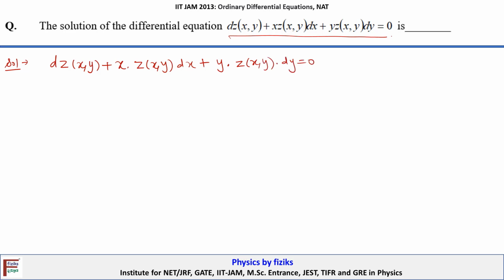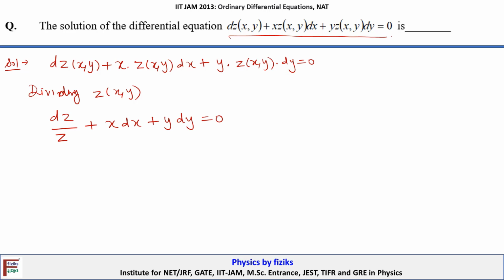is equal to 0. Now dividing this equation by z, which is a function of x and y, we can write it as dz by z plus x dx plus y dy is equal to 0.